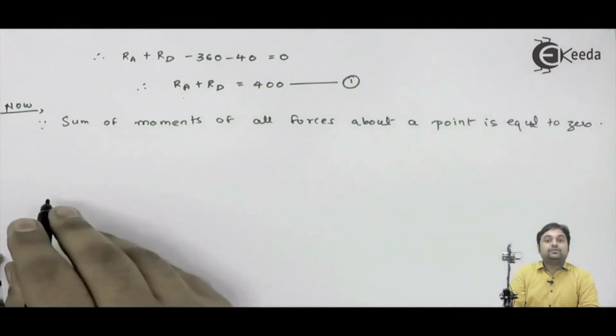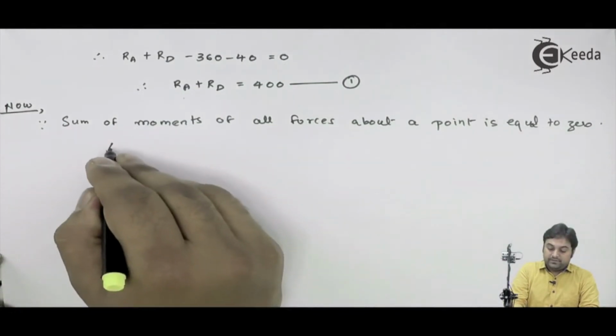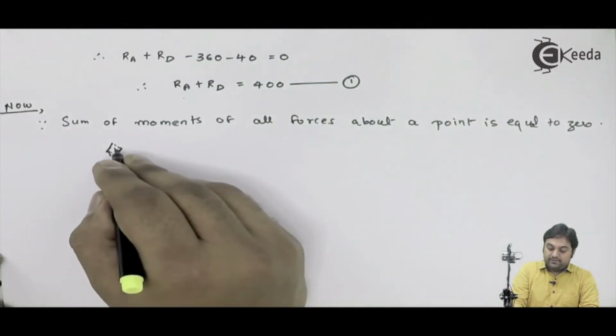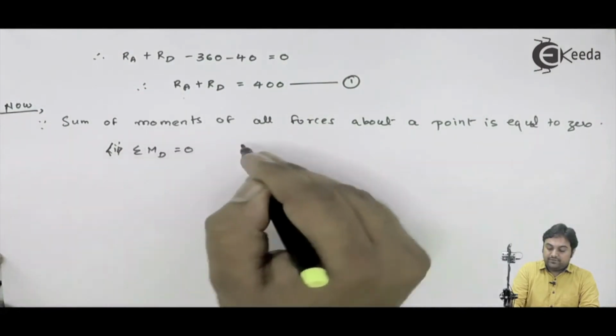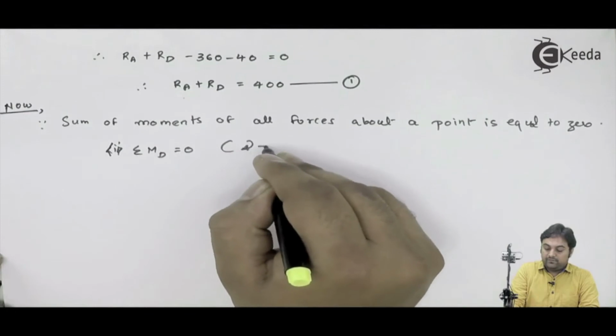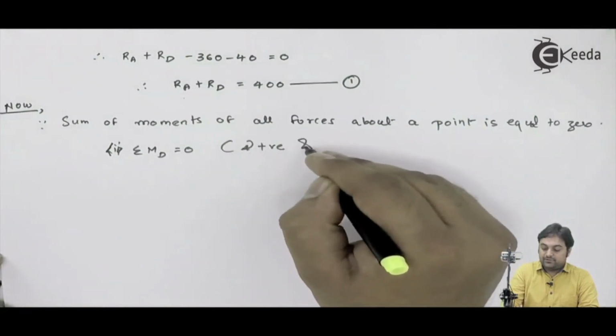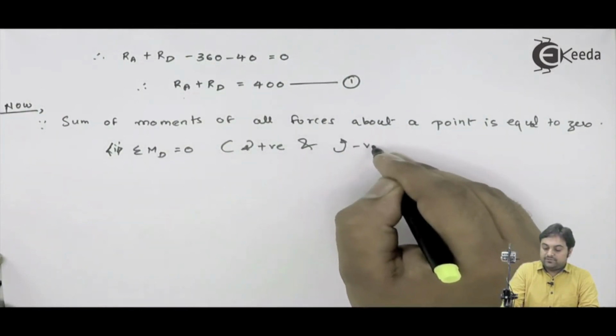That is the second condition of equilibrium. In this case, I am taking the sum of moments about D is equal to 0, where clockwise moments are treated as positive, anti-clockwise moments are negative.